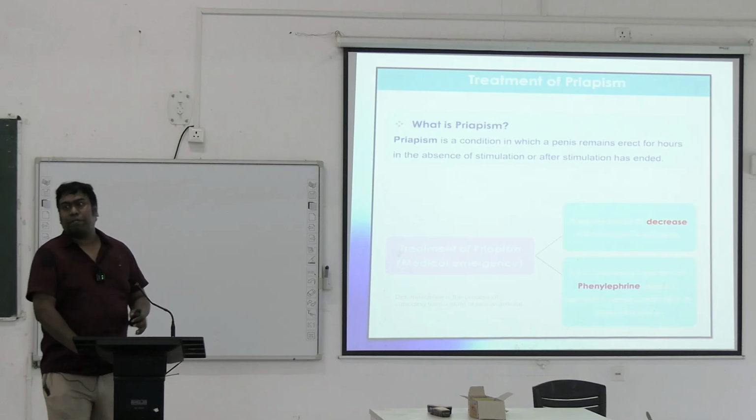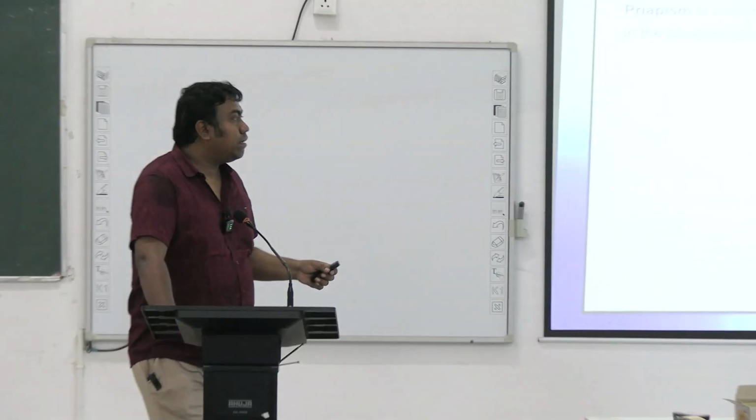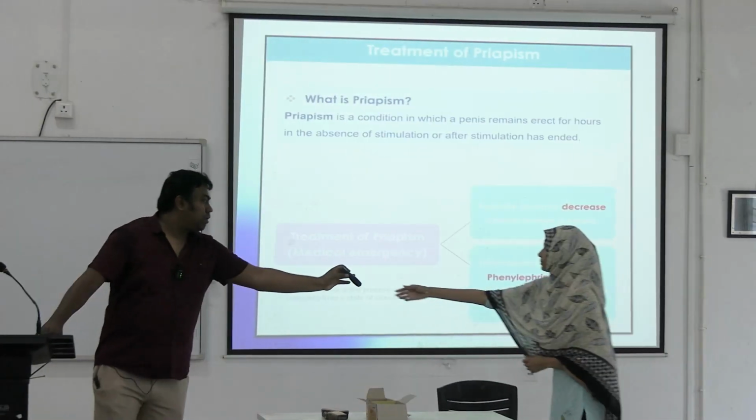The last one is priapism. What is priapism? A persistent painful erection. Here we can aspirate the blood, or we can give a phenylephrine intracavernosal injection to treat this priapism.